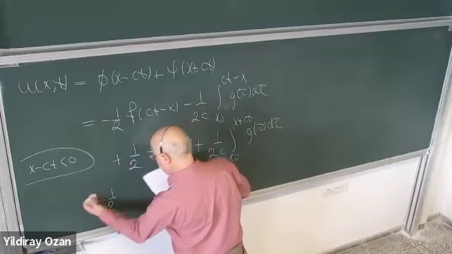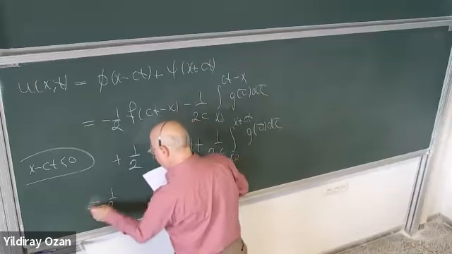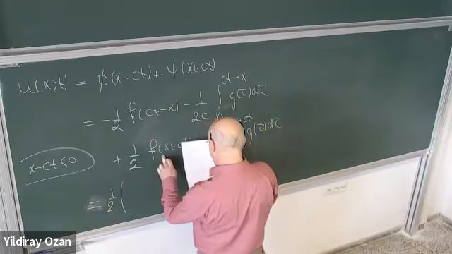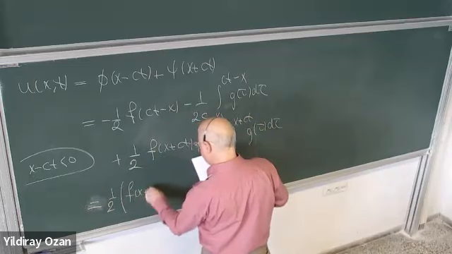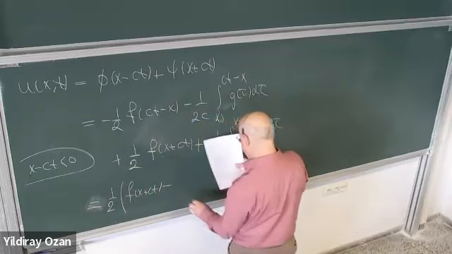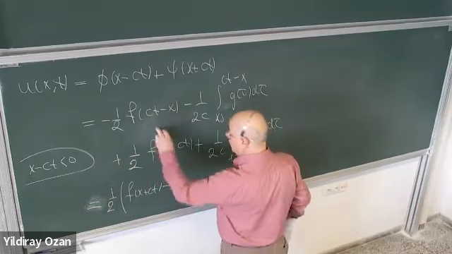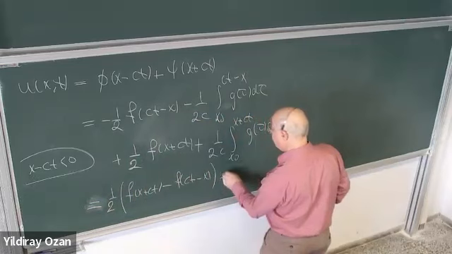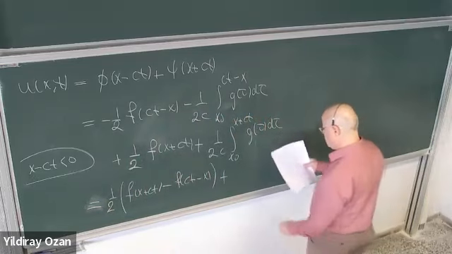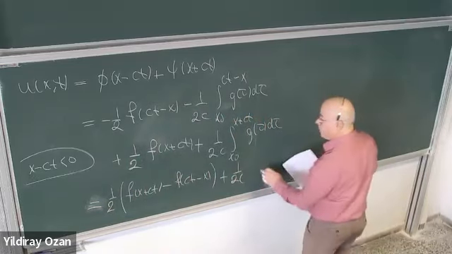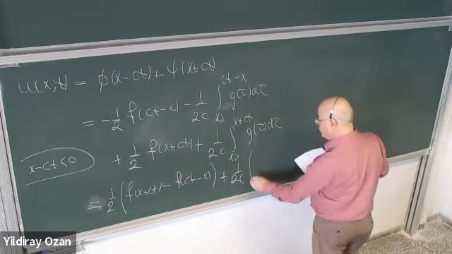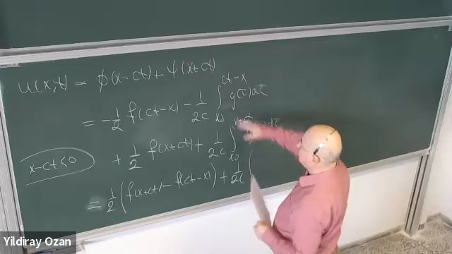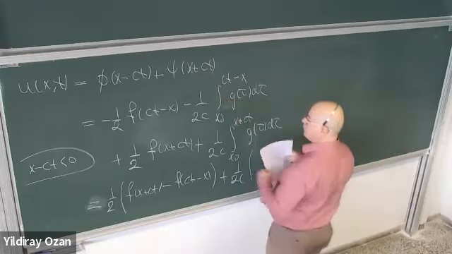Let me write it again. 1/2 f of (x plus ct) minus f of (ct minus x) plus 1/2c, this expression from x0 to this, minus.